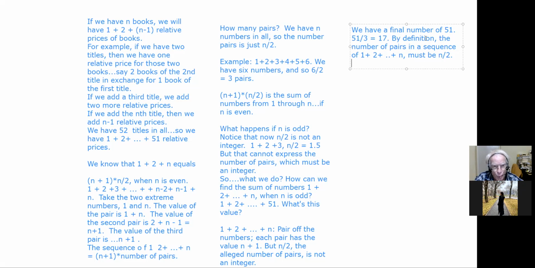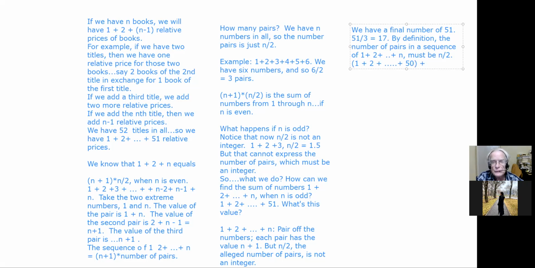Well, suppose we try this. What if we change the final number in this case for the sequence from 51 to 50? So there is a sequence right there.